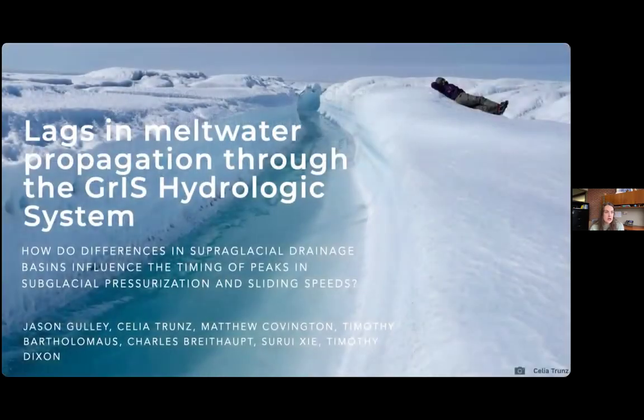So first, I'll discuss previous work in the Paakitsoq region of the Western Greenland ice sheet, looking into how lags in meltwater propagate through the glacial hydraulic system.